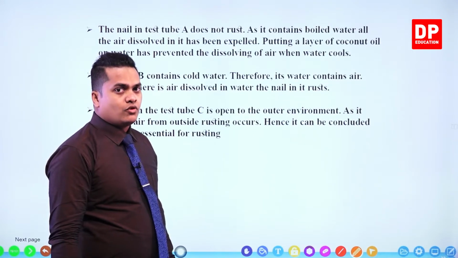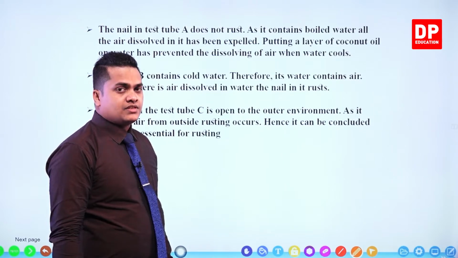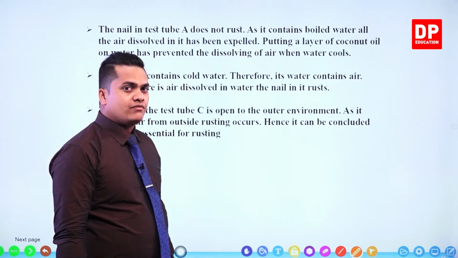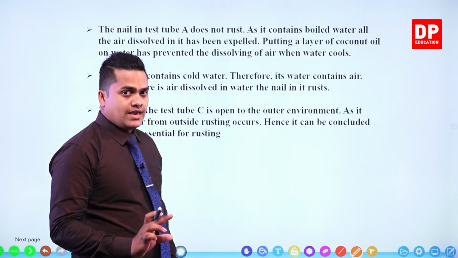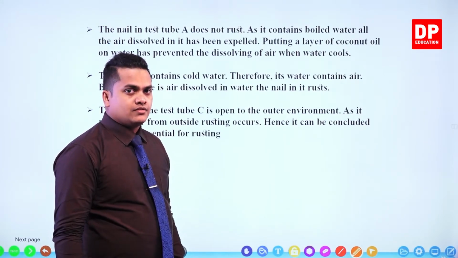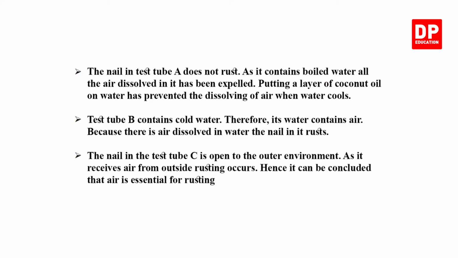When you add coconut oil, it avoids mixing external gases with the system. And when you boil that water, the air particles contained in the system are also going to be expelled, to evaporate, right? The second setup, test tube B, contains cold water. So its water contains air, right?